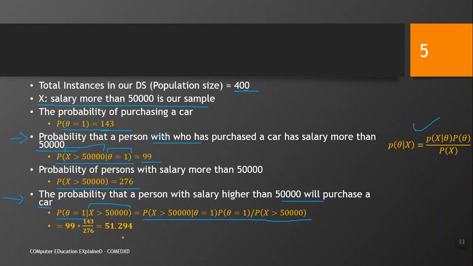After putting in the values taken from the data set, we come up with this result: there is a 51% chance that a person with this much salary, or a salary higher than this, would purchase a car.